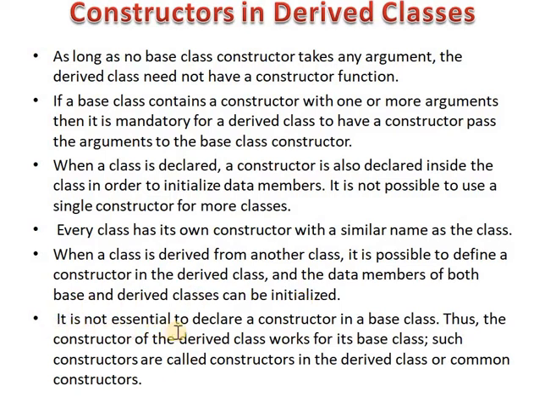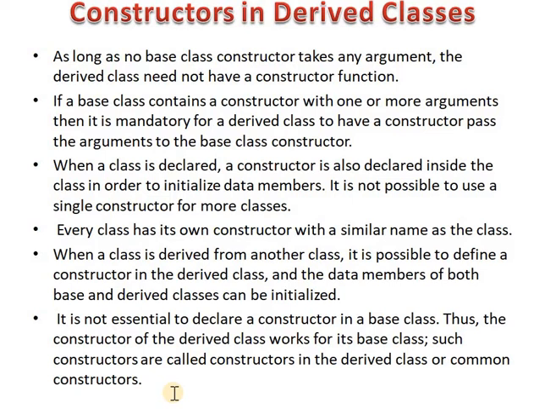It is not essential to declare a constructor in a base class. Thus, the constructor of a derived class works for its base class. Such constructors are called constructors in a derived class, or common constructors. This is the concept of constructors in a derived class.